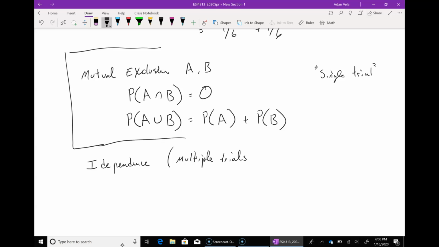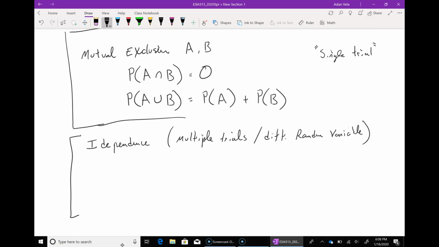Or another case is we have different random variables. And I'll give an example of that. All right. When we have independence, let's say I ask you to calculate what's the probability of A and B. When you have independence, then that's equal to the probability of A times the probability of B.